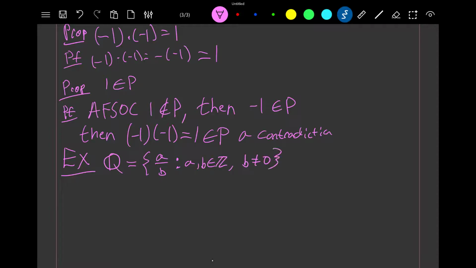So it's everything of the form a divided by b, where a and b are integers and b is not equal to 0. This has an order, namely the positive rationals, where a and b are both positive, per se.